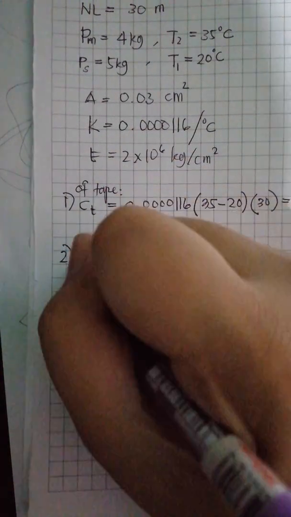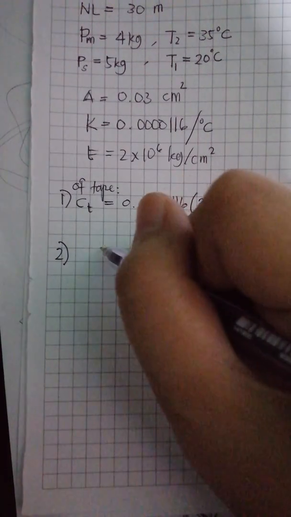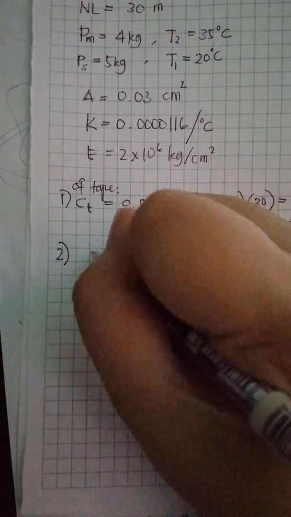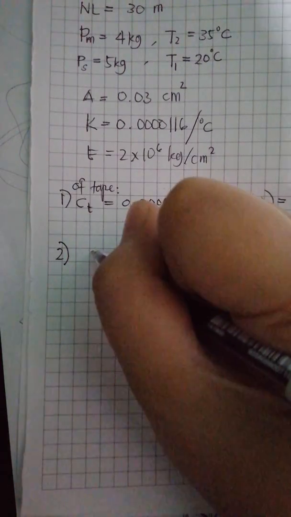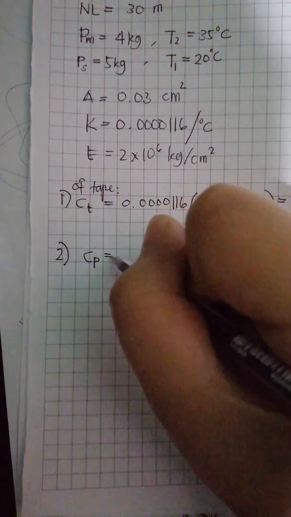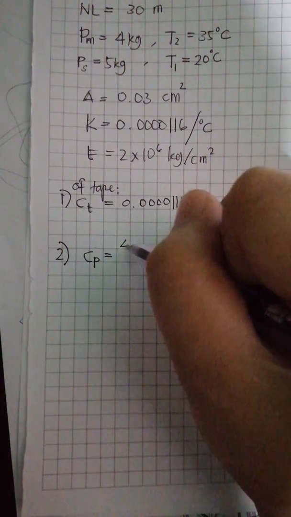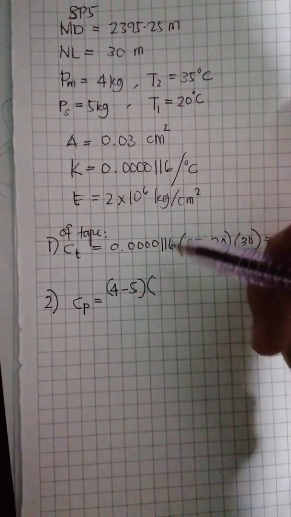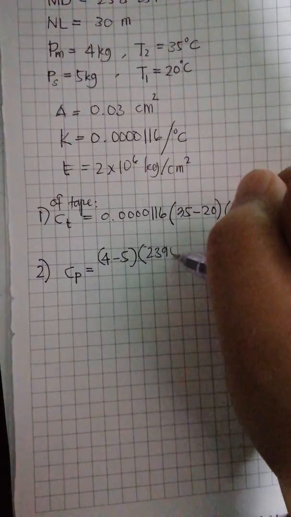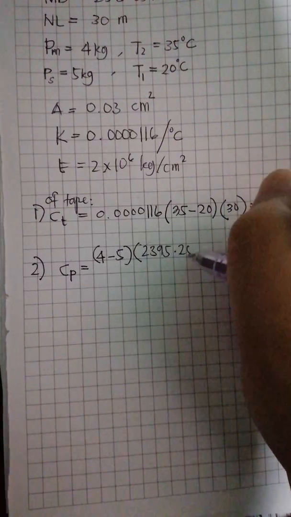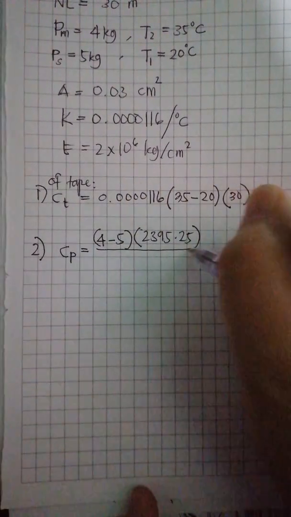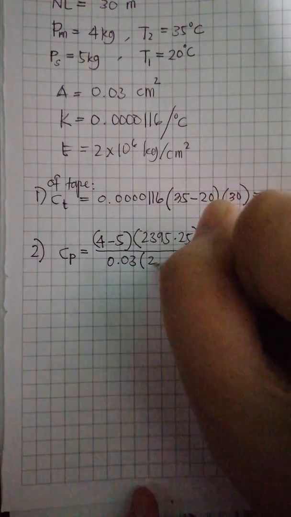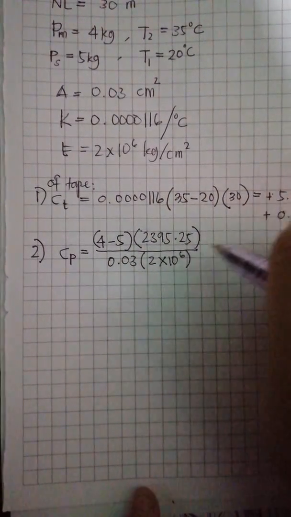Yung number 2 sa problem is error due to tension or due to pull. Pag sinabing tension, yan na rin yung pull. So, error due to tension. So, CP, that is PM minus PS times yung measured distance, 2395.25, over area, cross-section, elasticity, 2 times 10 raised to 6.